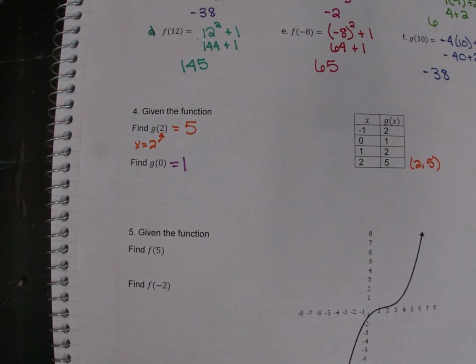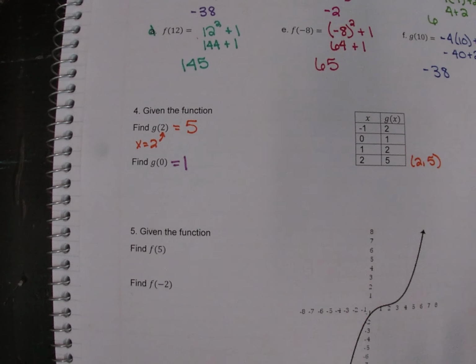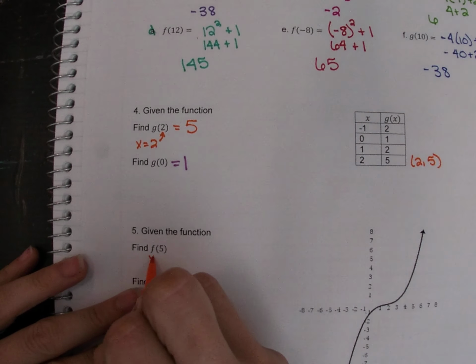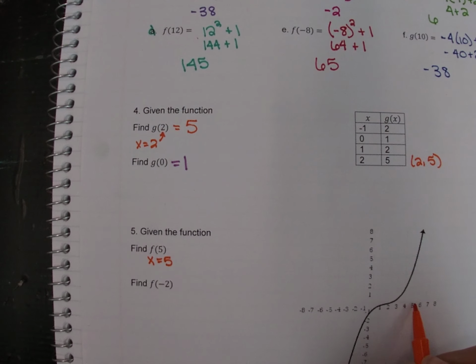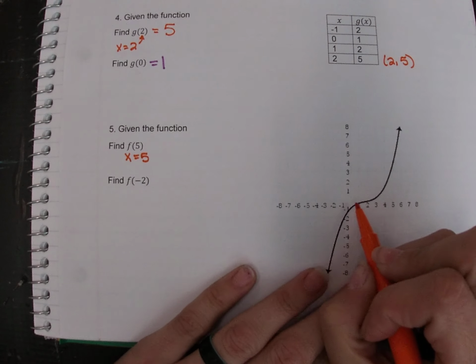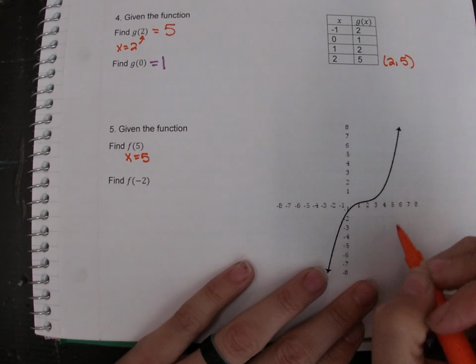So that same idea can then be carried over to looking at a graph. Now instead of being given to us as a table, we're going to have to find those ordered pairs from a graph. So again, when our x value is 5, we know if we plot an ordered pair, it's going to be 5 comma something.